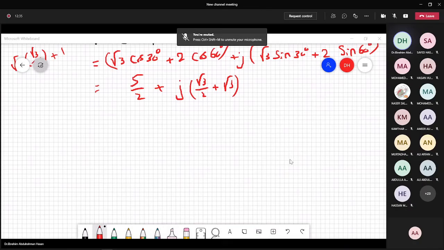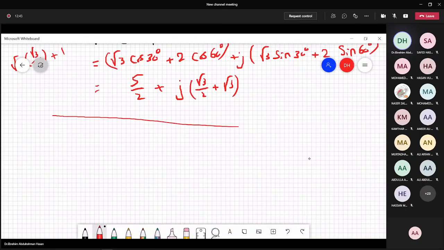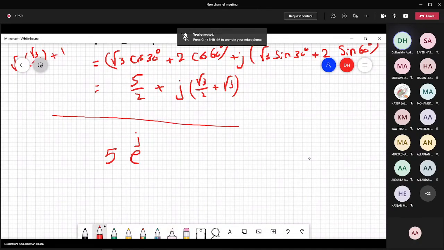So sometimes we ask only for a magnitude. So suppose we have another example. Let me say that I have 5 e to the power of 4 plus j7.